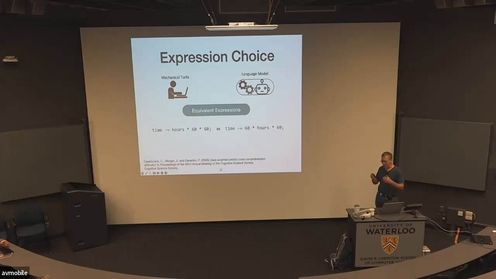And they built a set of trivial, very small program transformations to build a collection of equivalent expressions like this one here. And the research question that they sought to answer was, is human preference and comprehension of code correlated with surprisal? Surprisal, the information theoretic measure of surprise.